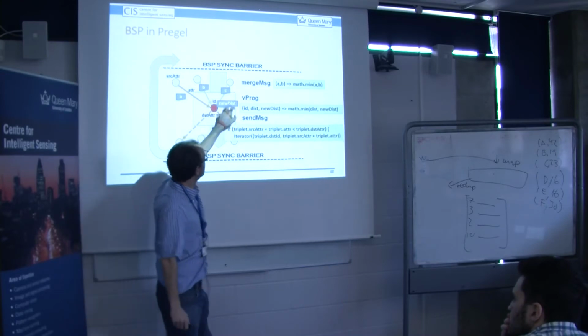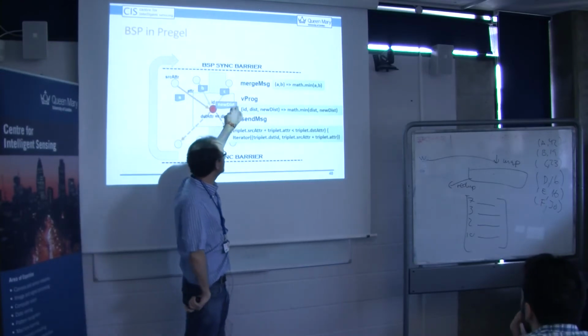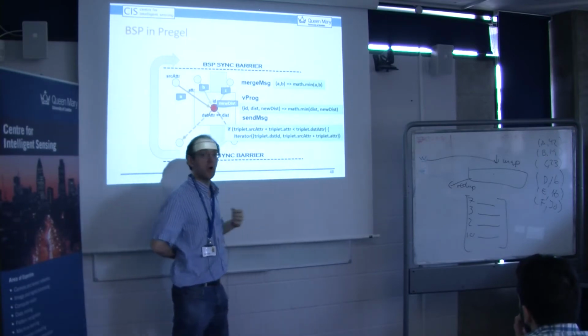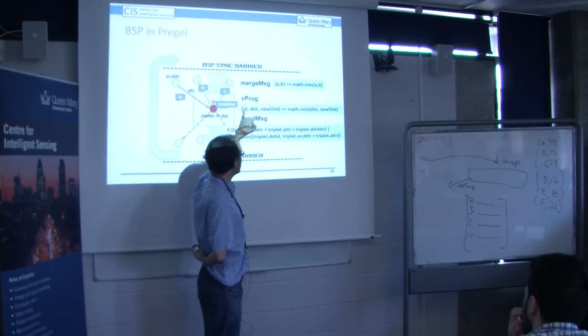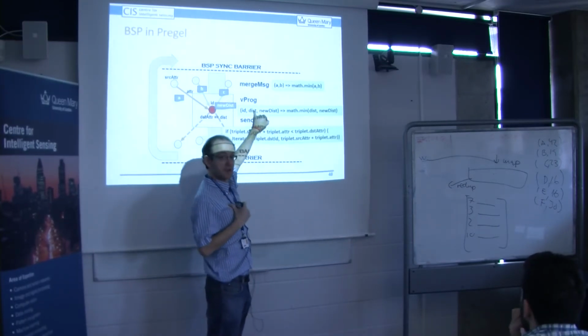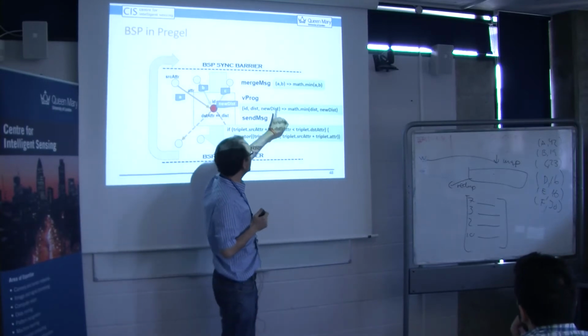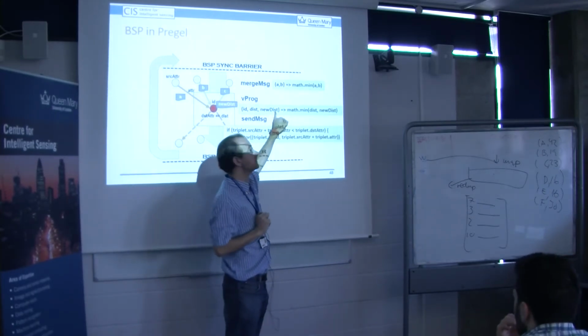Now that I have one consolidated suggestion, this new distance, I am going to execute my own code. And my own code is: okay, this is who I am, this is what I know up to now, this is my current distance estimation, and this is the new suggestion that my neighbors have found for me.